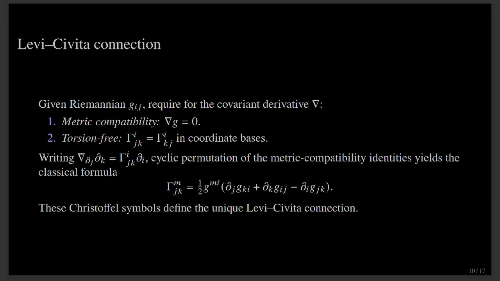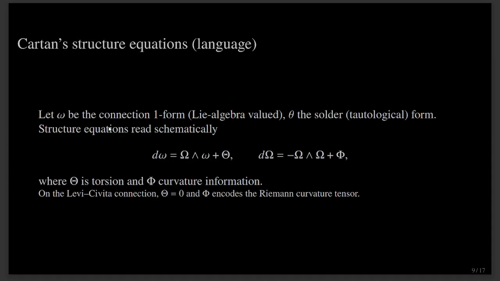Now, what this allows us to do is say, well, we can describe Cartan structure equations. Let omega be the connection 1 form, which is Lie algebra valued, and theta the tautological or solder form.